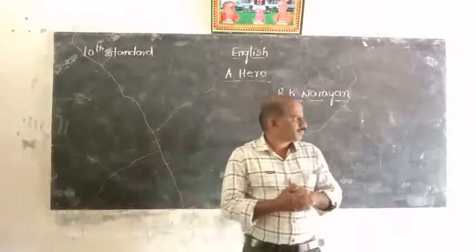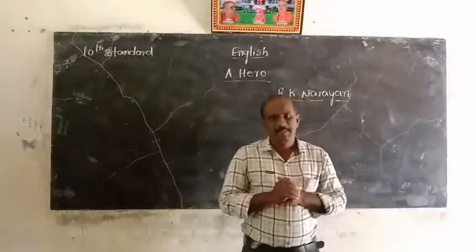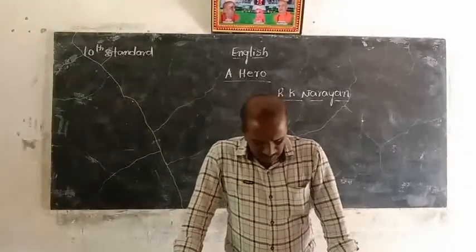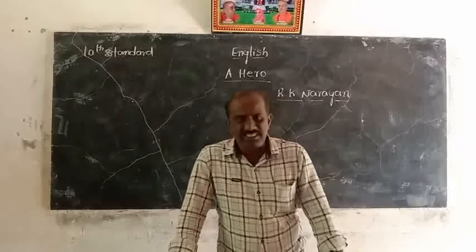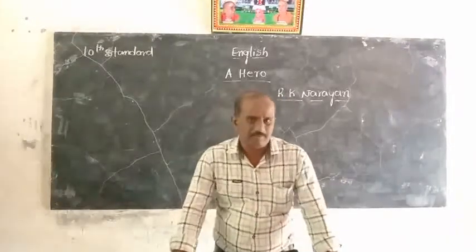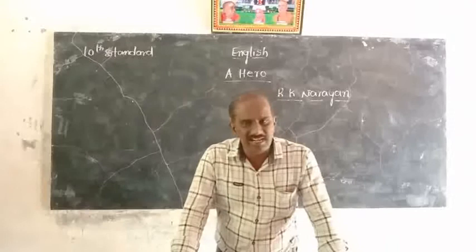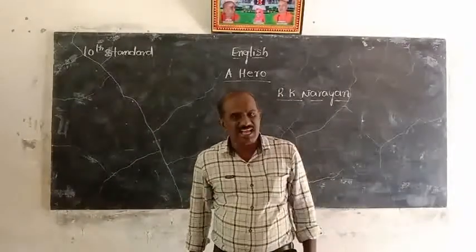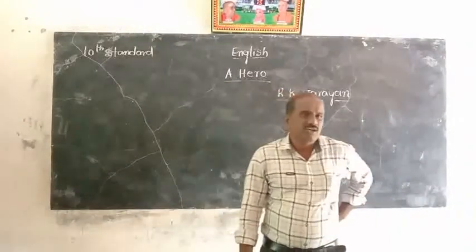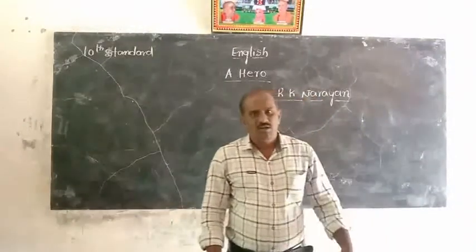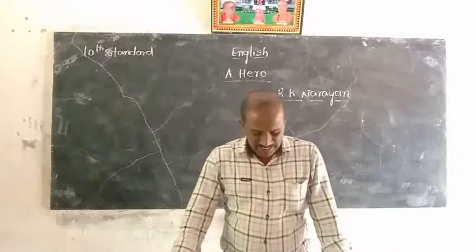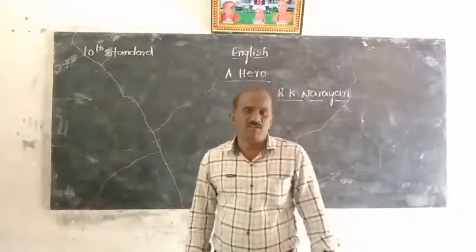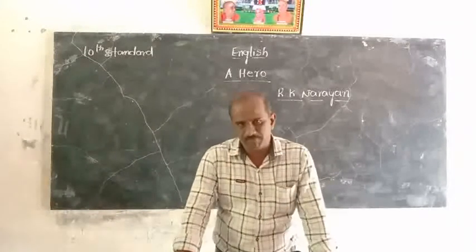Once a father was teaching his 8-year-old son about living and non-living things. Then he asked his son to point out 5 characteristics or 5 important features of living things.